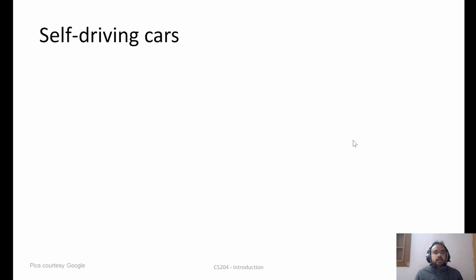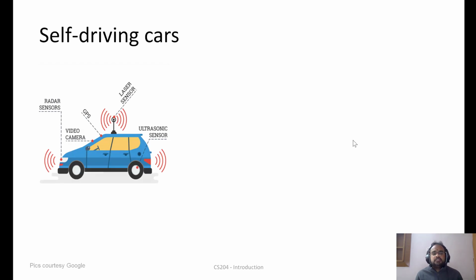Okay. Another aspect that I thought you would find interesting is the current discussion about self-driving cars. What we typically expect a self-driving car to do is pick inputs from a lot of sensors. It can be a radar or some video at the front or at the back.